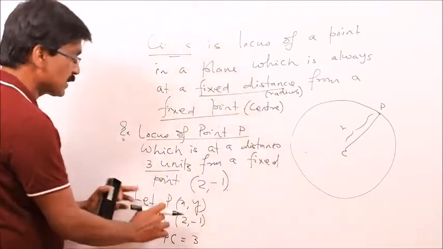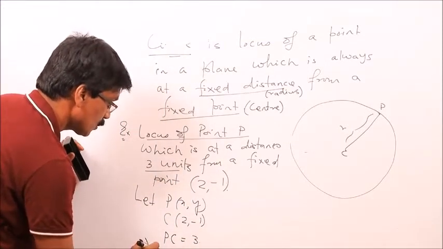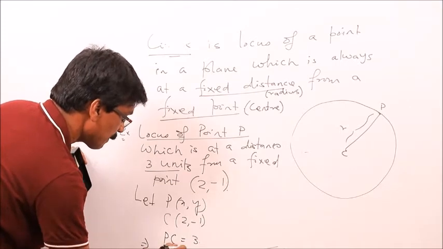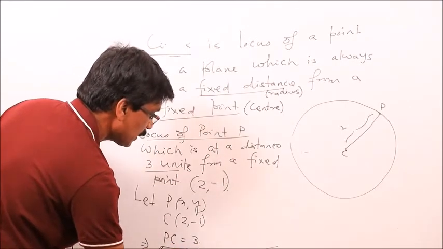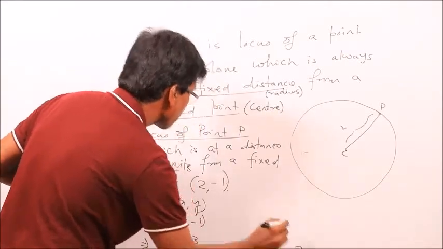By the distance formula, root over (x minus 2) whole square plus (y minus -1) whole square is equal to 3.